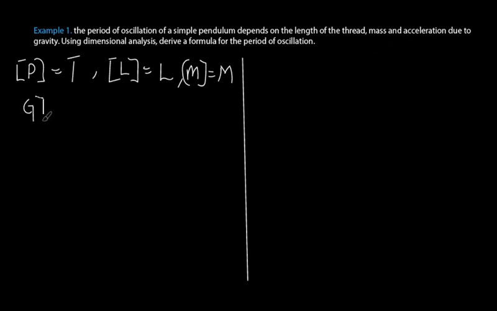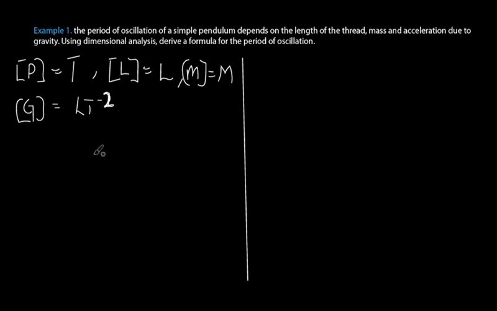Acceleration due to gravity has the same dimensional equation as acceleration, and acceleration we saw earlier has the dimension LT^-1. Sorry, LT^-2. Acceleration is velocity over time, and that gives us LT^-2. With all of this obtained, we can go ahead and solve the question.